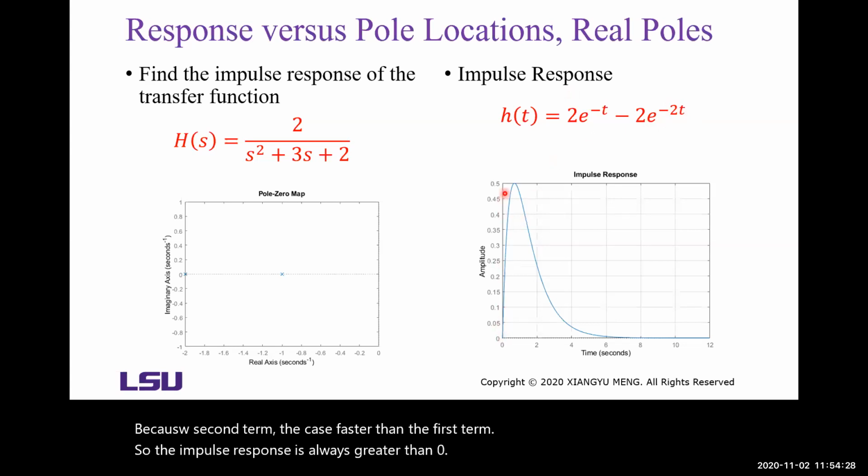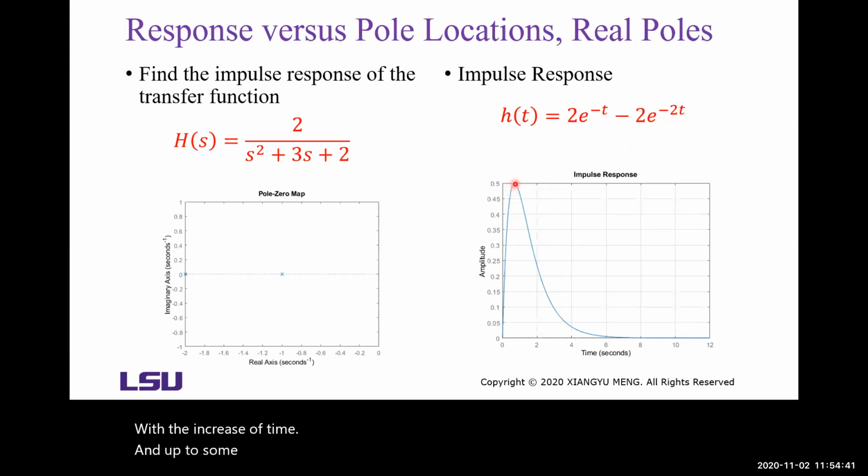At the beginning, the difference between the two components increases with the increase of time. And up to some point, the difference between the two components decreases. And eventually, the difference will be 0.